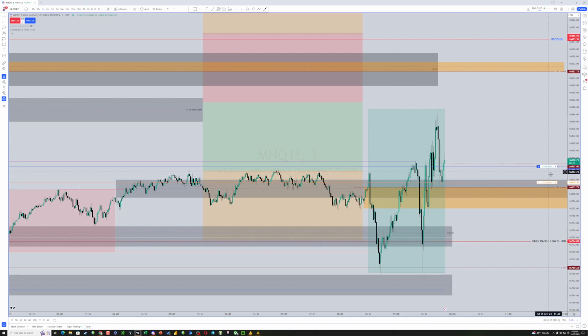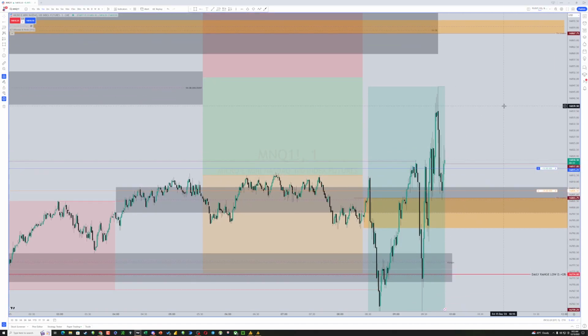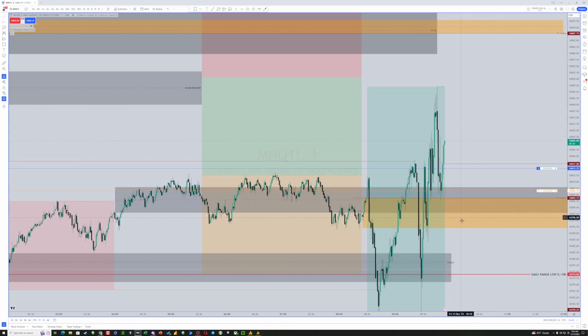That dislocation's good. Now, what I would expect is that this may get up here and fail right here and then dive at 10 o'clock.